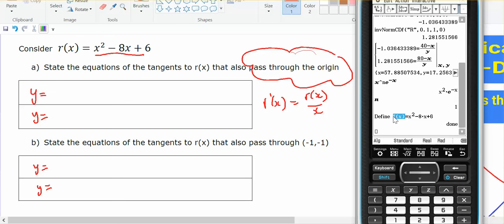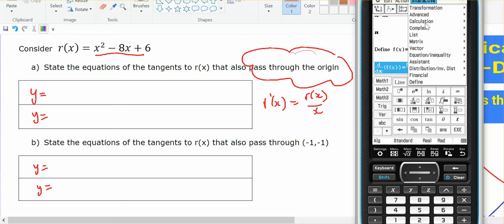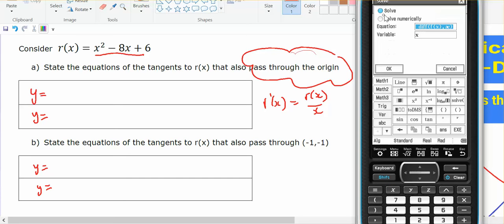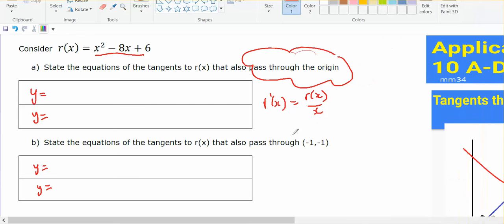So I've got f of x. So if I take the derivative of f of x, keyboard, math2, d/dx with respect to x, and I set that equal to, in a fraction, f of x in the numerator and x in the denominator, and I go solve for x. That will tell me where, and it's plus or minus root 6, so x equals plus or minus root 6.